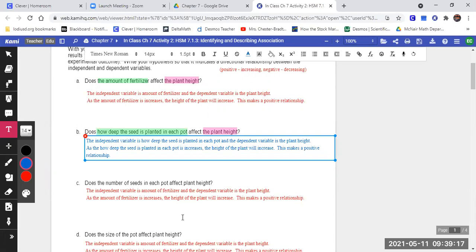We're deciding which is true or false for us. So do we think that planting it deeper is going to make it taller or not taller? Do we think that planting it deeper will make it grow taller? Or do we think planting it deeper will keep it small? What do we think?